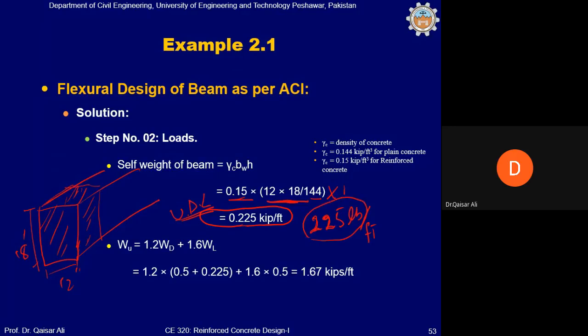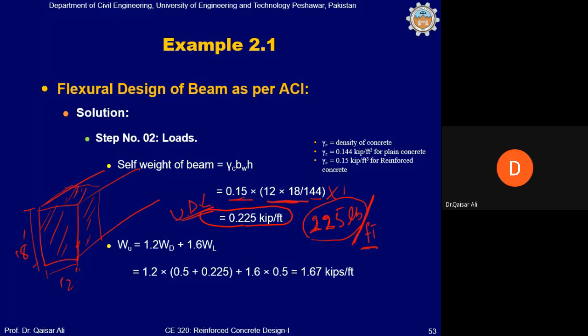You can see. So by comparing the weight of a normal person, you can at least realize what a 225 pound weight means. You can at least realize that 225 pound is a lot of weight, for every foot of the beam.